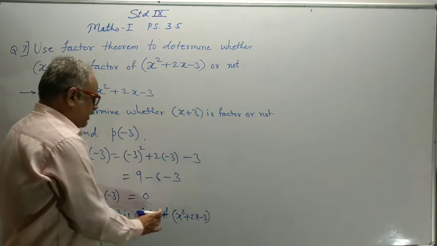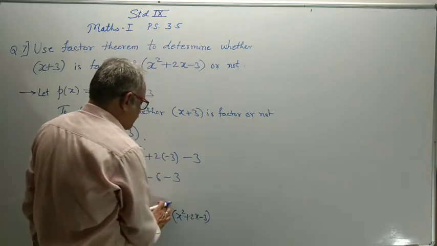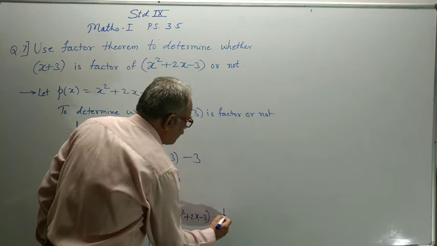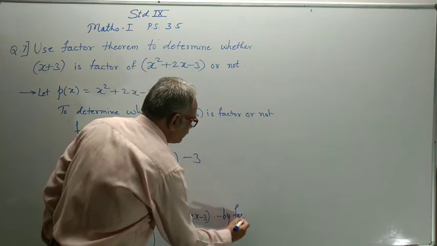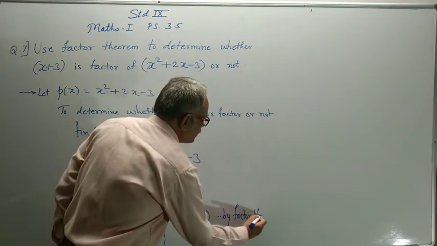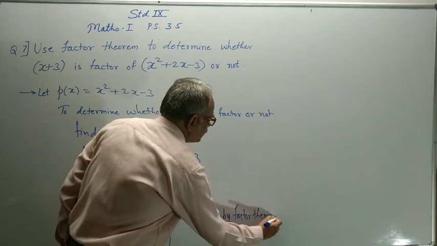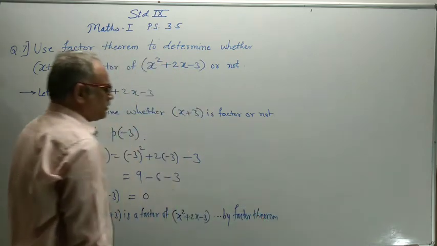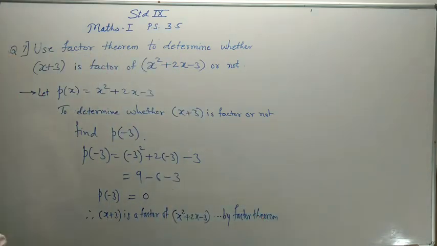So x plus 3 is a factor of p of x, x square plus 2x minus 3, by the factor theorem. The factor theorem is the reason. In algebra also we have to use such theorems, the factor theorem and the remainder theorem.